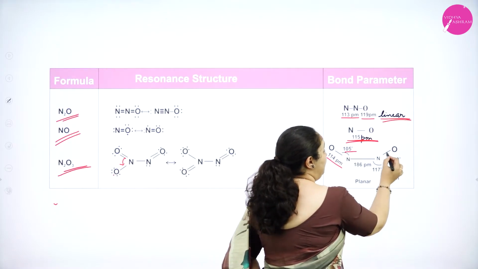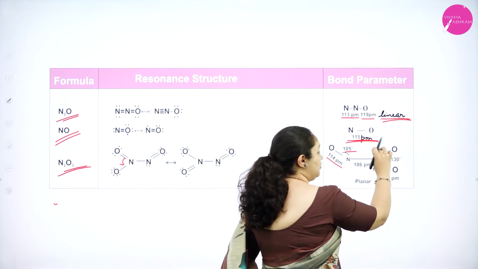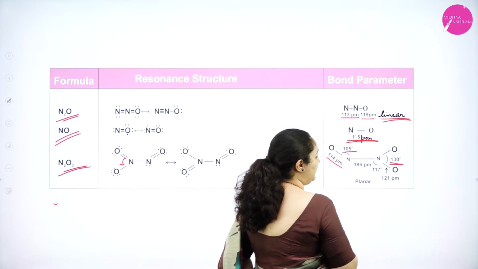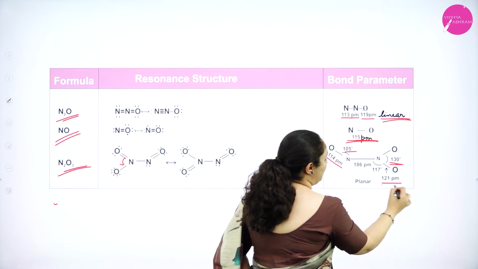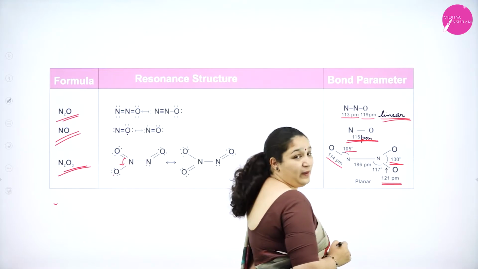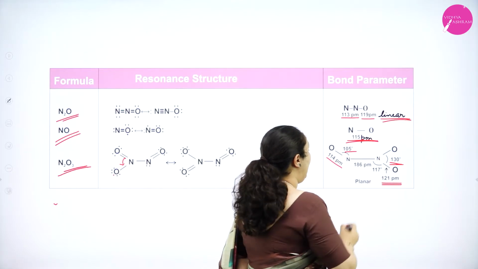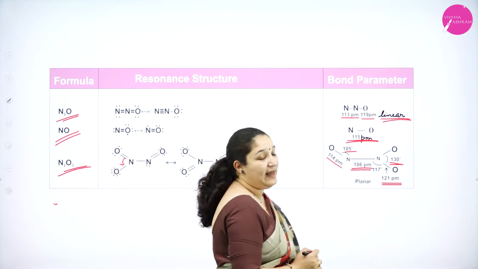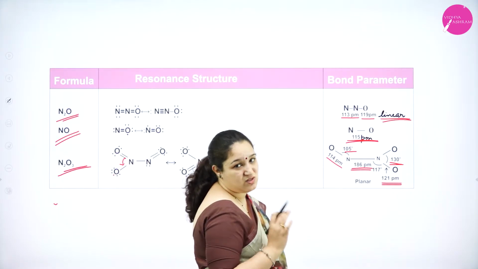Between the 2 oxygen atoms which are attached to the same nitrogen atom, the angle is 130 degree, and the bond parameter where this single bond is present is 121 picometer, and between the two nitrogen atoms it is 186 picometer, and the structure is a planar structure.